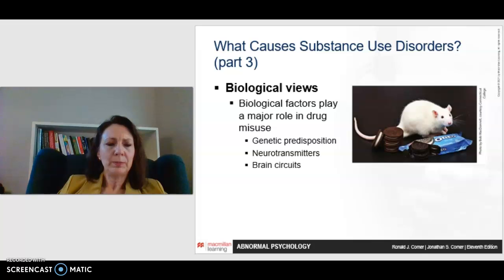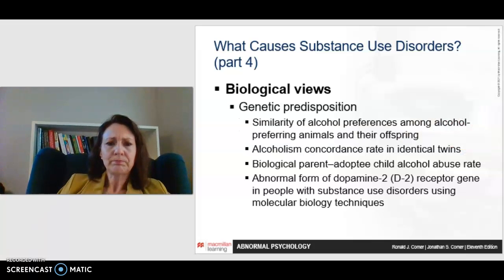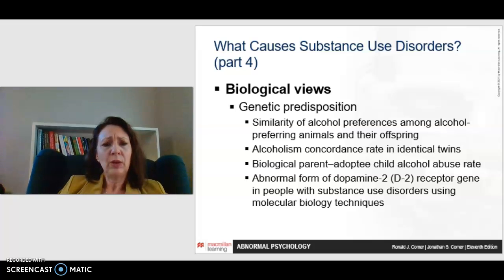Biological views are also prevalent. Biological factors such as genetic predispositions, neurotransmitters, and brain circuits play roles. In terms of genetic predisposition, research has found a similarity of alcohol preferences among alcohol-preferring animals and their offspring.